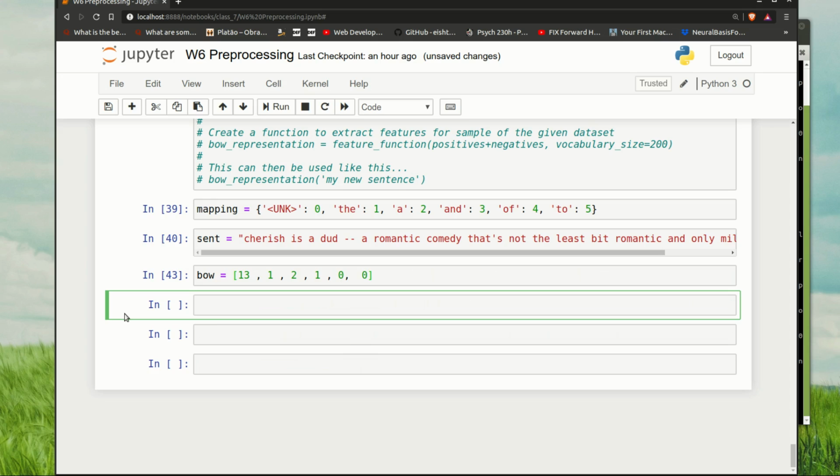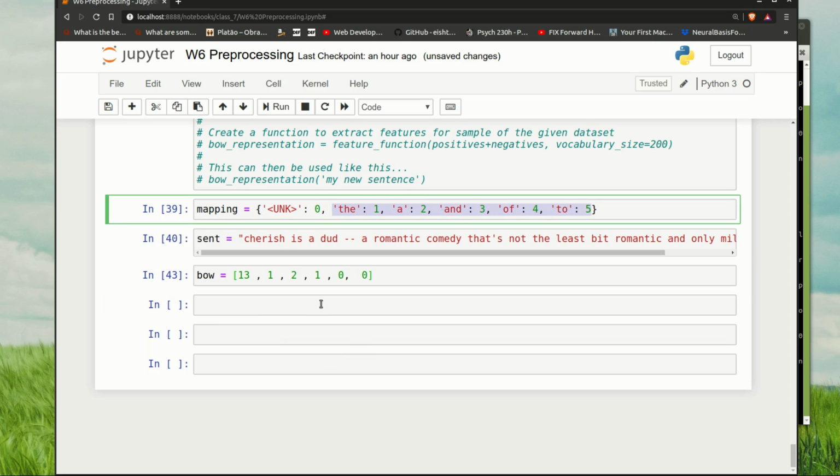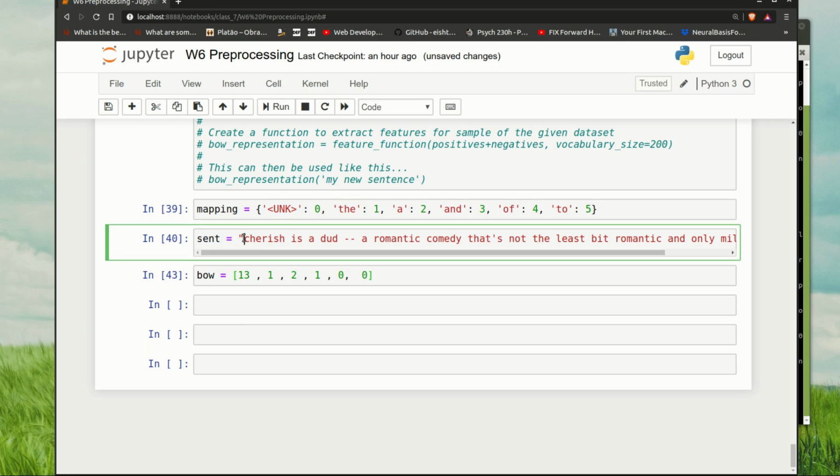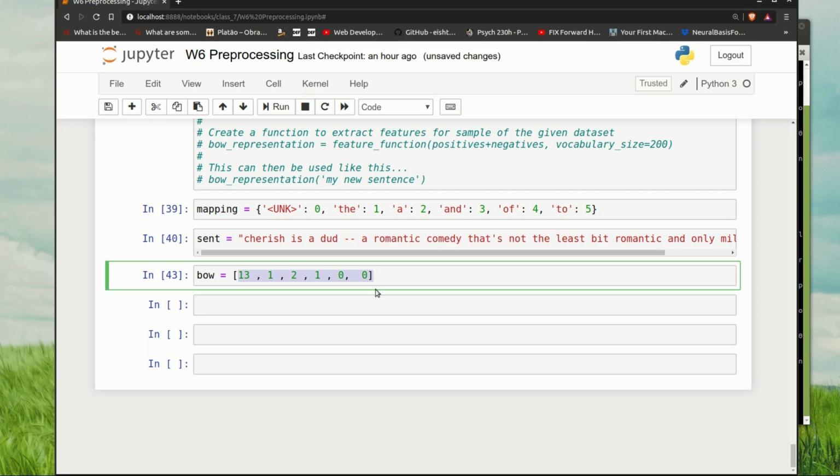So what do we have so far? I created a vocabulary composed of only 5 words plus the unknown word. Then I have an example sentence for which I want to create a bag of words representation, and we already know the correct result for it, which is this one.